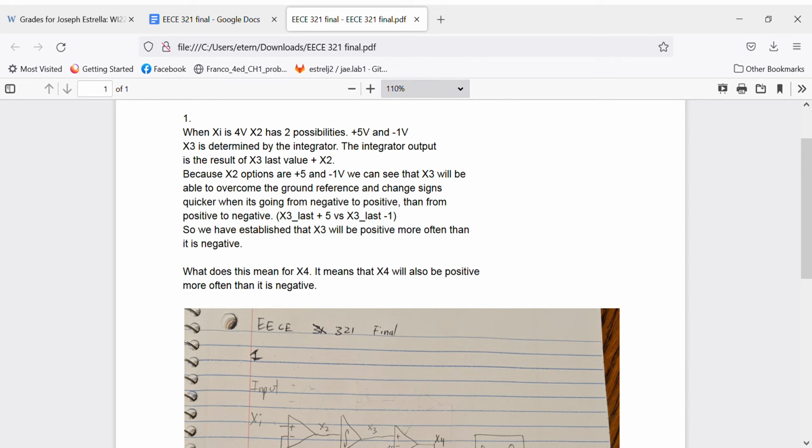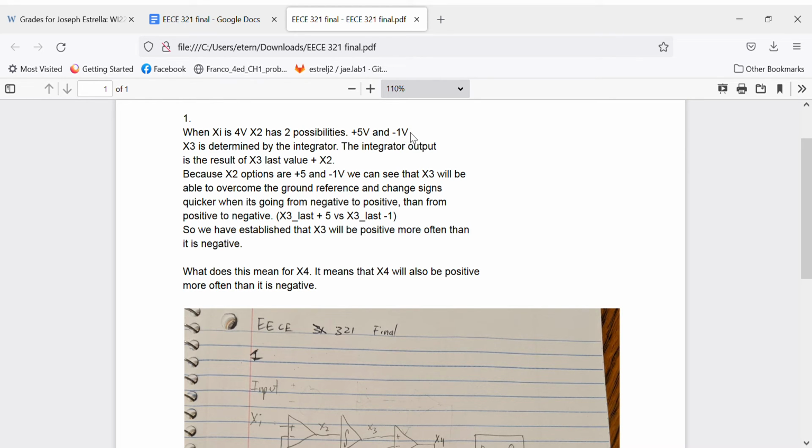So we can see that if x3 happened to be negative, its transition from negative to positive is going to happen faster than if x3 was positive.